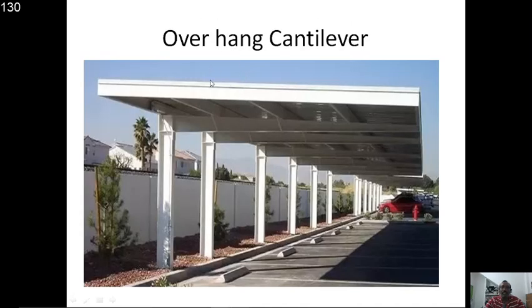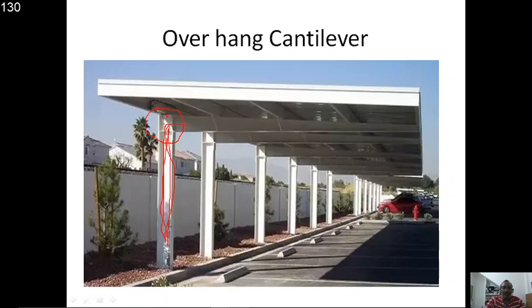This is the overhang cantilever. You see this is a fixed end. Please notice here, this is the fixed end. The fixity is given here and the overhanging is there. So hence it is a cantilever type of overhanging beam. Hence we can say it is an overhang cantilever, because there is continuity, there is no break.